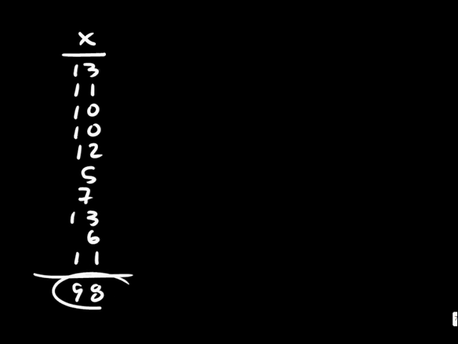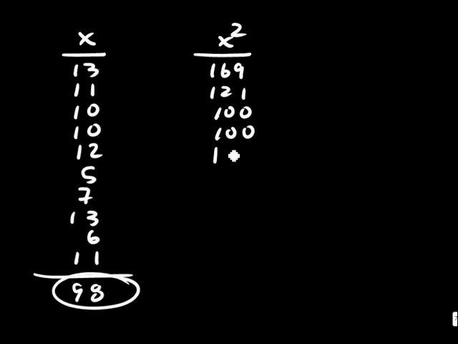So 13 squared is 169. 11 squared is 121. 10 squared is 100. 100. 12 squared is 144. 5 squared is 25. 7 squared is 49. 13 squared is 169. 6 squared is 36. 11 squared is 121. When I add these values, I'll get 1034.